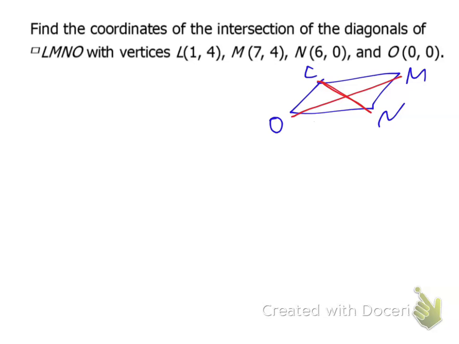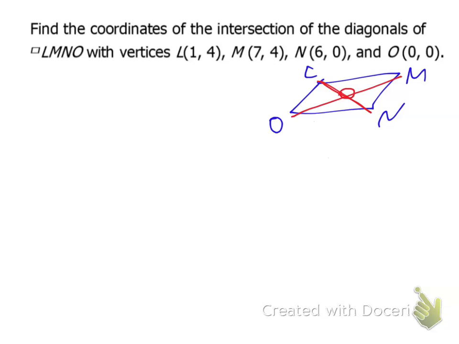It's got to be non-consecutive angles. So L goes to N, M goes to O. So there's my midpoint right there. All I've got to do is the midpoint formula for one of these pairs of angles. You don't have to do it for both pairs because they're going to have the same midpoint. So we will use L and N because why not?